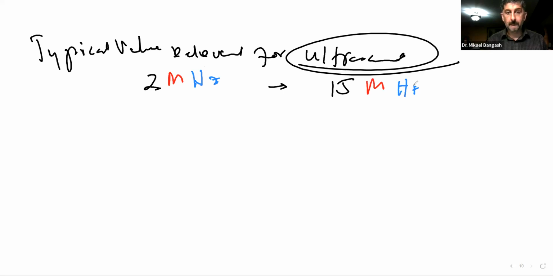So what would that mean? That 2 is 2, and mega is a million, and hertz is hertz. 2 all the way to 15 million hertz.